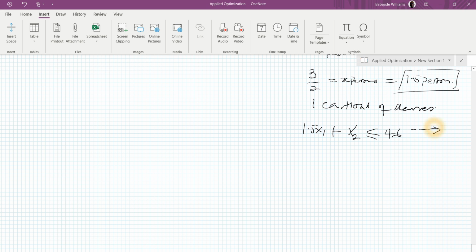That gives me another constraint right there, right? They must not go beyond 46 persons. Is that clear? Does it make sense?